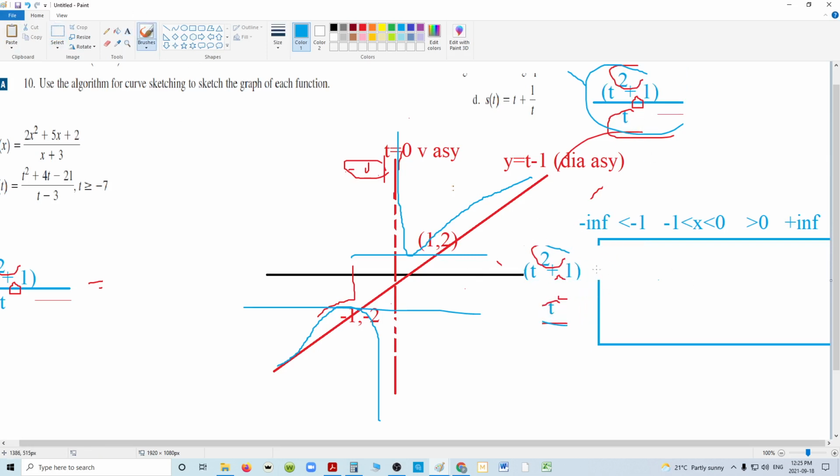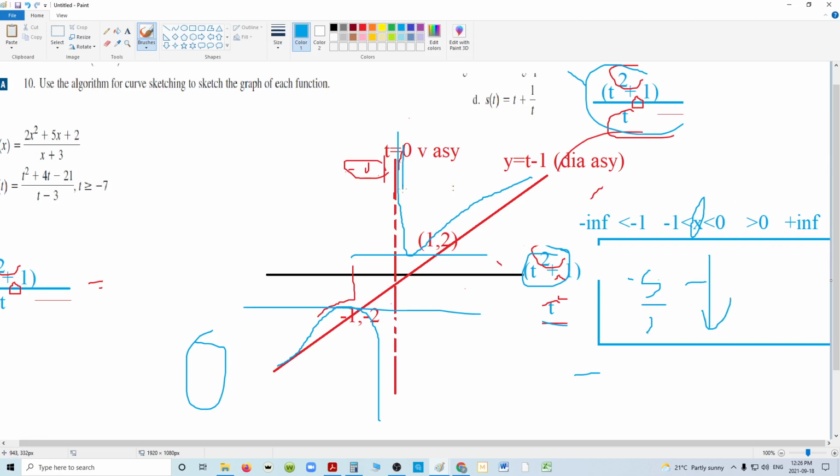So negative infinity becomes positive here, negative here, so I get a negative. And it's going to be infinity. When it's just to the left of negative 1, let's say negative 2, I get 4 plus 1, 5 here, and over negative 2, so I get like negative 5 over 2, which is negative 2.5, so it's somewhere around there. When I take, I think I said like negative 0.5, I discovered it becomes negative, like infinity, as I get really close to 0.